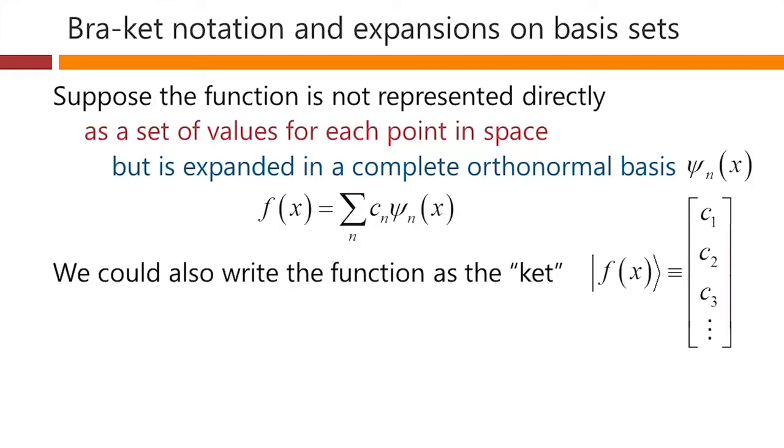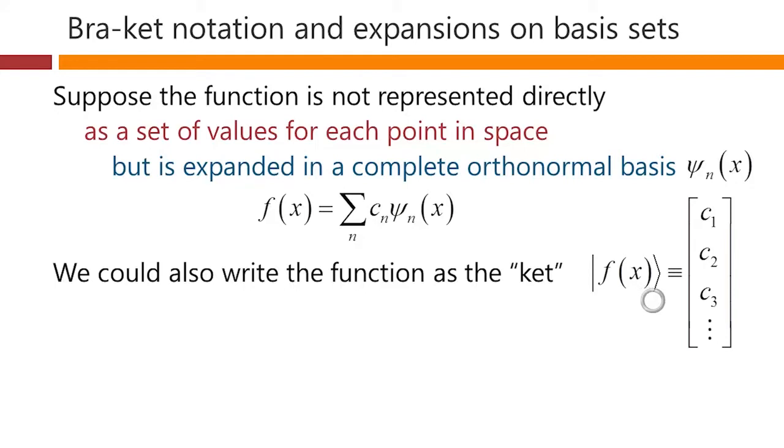And we could also write the function as the ket that is simply this vector with each of these expansion coefficients. Now, let me say right away, you may think that somehow this is a different vector. The idea here is that this is the same vector in the space.